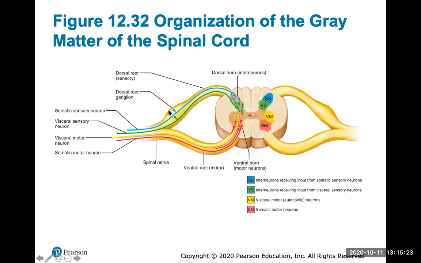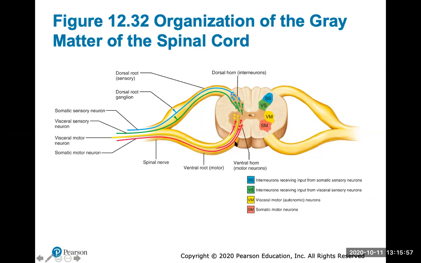So what happens here is any sort of sensory input in blue and green, whether it's somatic sensory or visceral sensory, all sensory input goes through the dorsal root ganglia, through the dorsal root or the sensory root into the dorsal horn, where there will be interneurons where the sensory information will synapse. From there, the sensory information will travel up to the brain, or a reflex will shoot out some sort of motor response. And all motor responses go out of the ventral root or the front root out of the spinal cord.